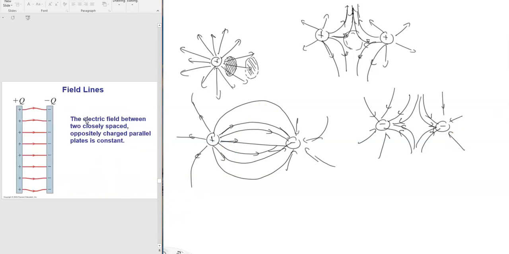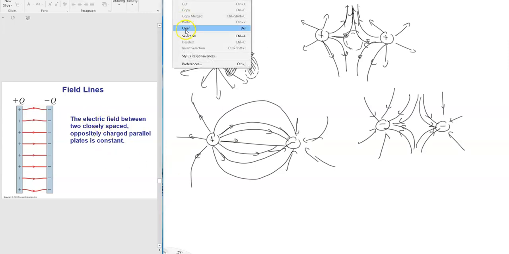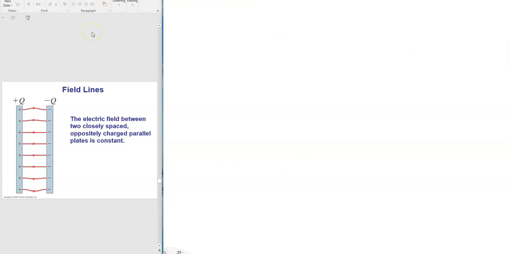Two closely spaced, oppositely charged parallel plates. Again, we talk about this also in class, so let me clear this. When we have two parallel plates, it can be like a plate with an area like this. So I'm trying to draw a 3D diagram.